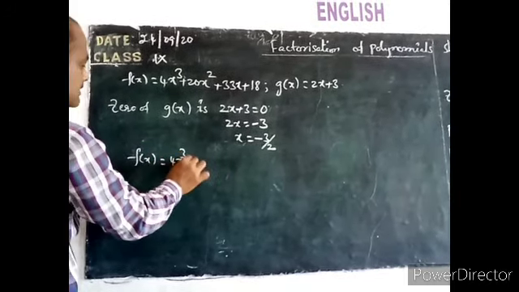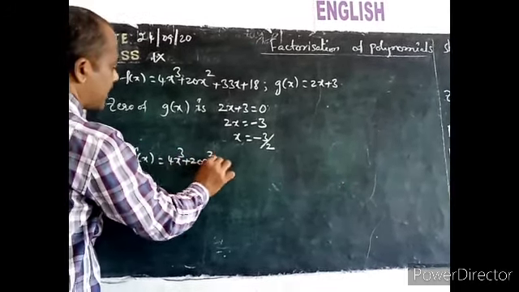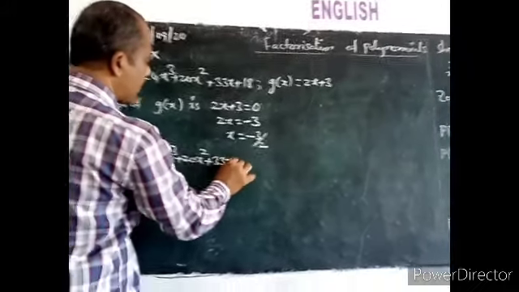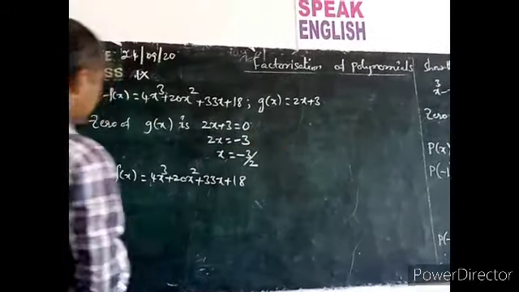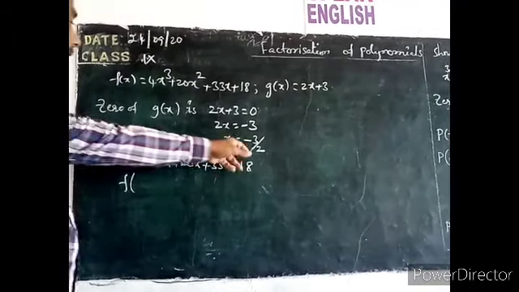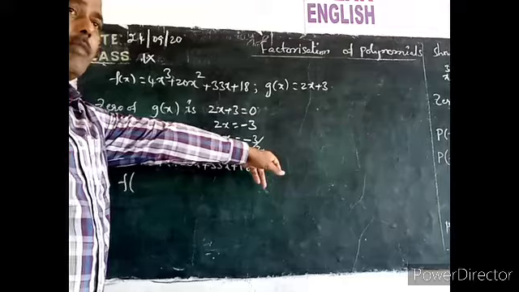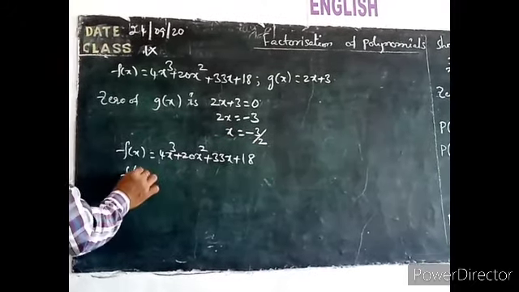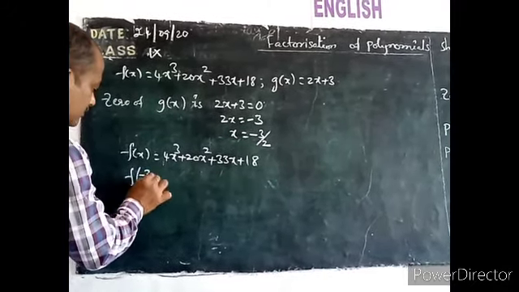Now, f of x is what is given? 4x cube plus 20x square plus 33x plus 18. Now f of what number should we substitute? What value are we getting for x? Minus 3 by 2. So f of minus 3 by 2.